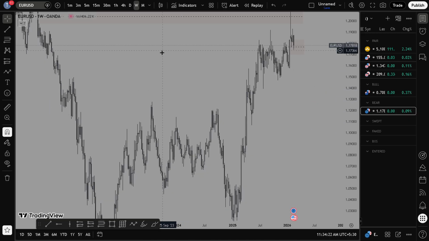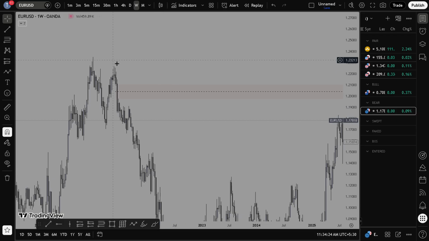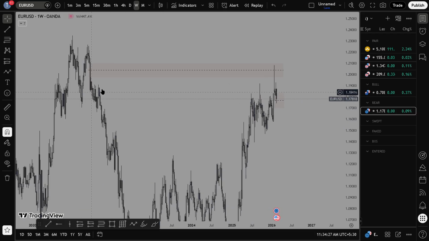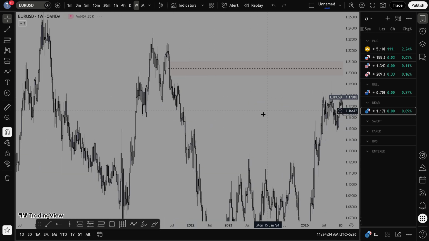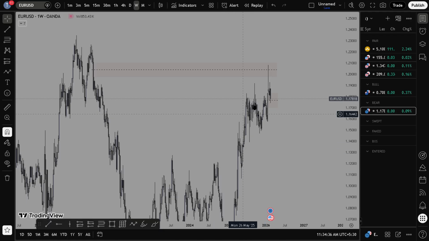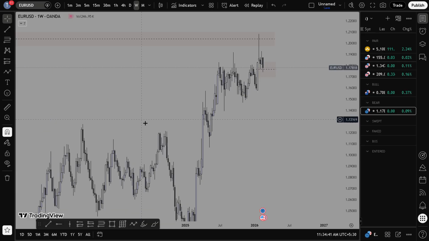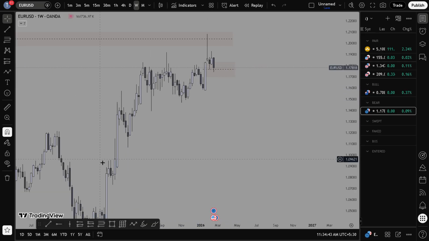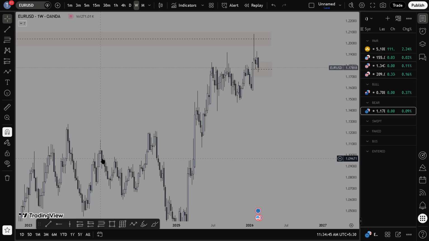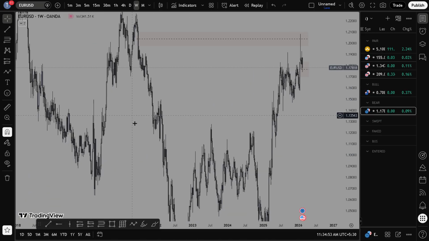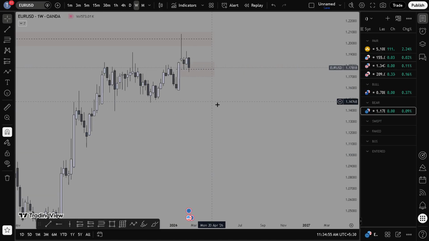So train your mind to analyze the market structure and the story that these candles are telling you. Everybody sees a different story. The story I see may differ from the story you see. So yeah, that's it.